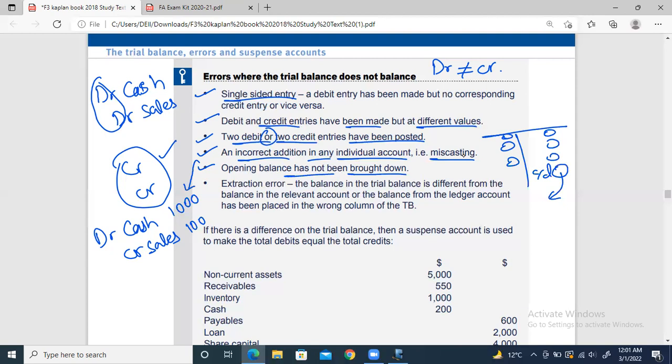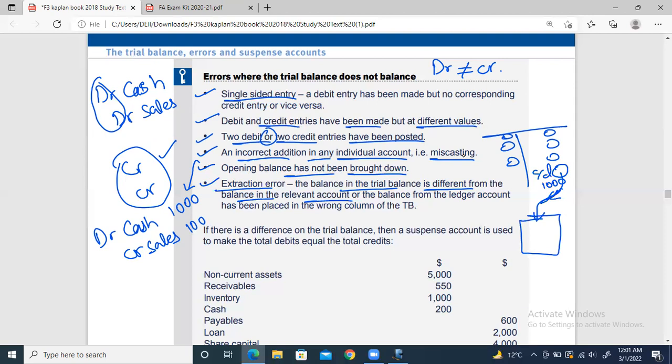And this point is also very similar. Extraction error: the balance in the trial balance is different from the balance in the relevant account. Let's say in the account it was 1000. Extracting basically means, let's say this was a trial balance, so we are extracting this balance from this T account, we are pulling this balance, right? During this extracting, we may have missed 10 or accidentally added 10.